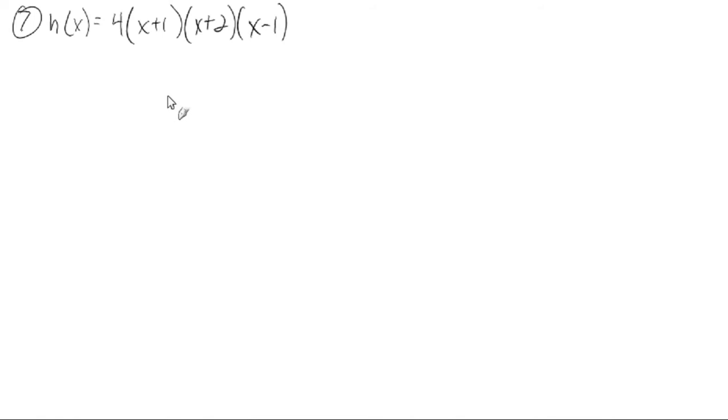Alright, so if we're going to graph this function, let's decide what the zeros are and therefore the x-intercepts, because that's just an easy way to start graphing a graph. So we'll have zeros at -1, -2, and at +1.